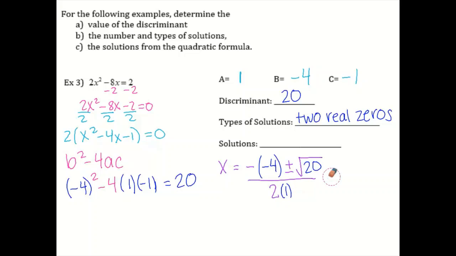Okay. So let's simplify that a little bit. That's going to be equal to -4 is a +4 plus or minus the square root of 20 all over 2.